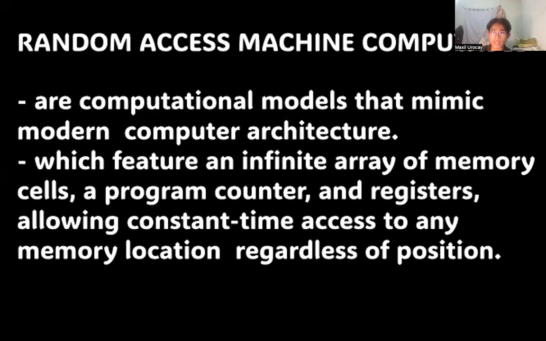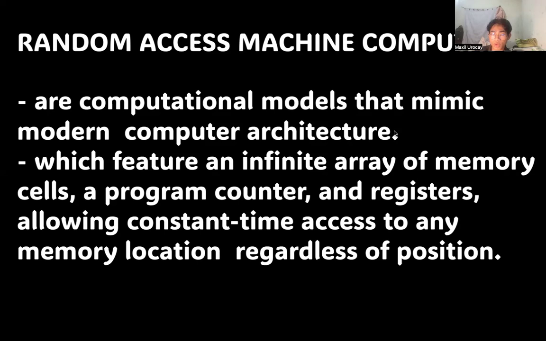As you've learned in the previous discussion, the random access machine has an infinite array of memory cells, which we can access at any time, 0 to n. For example, if I want to access location 20, it will be real time, and that is the best case time complexity when searching for that.